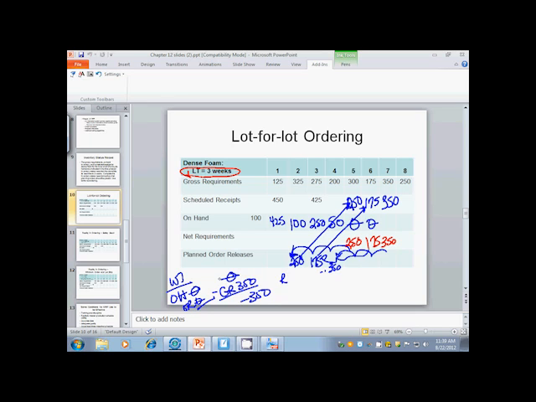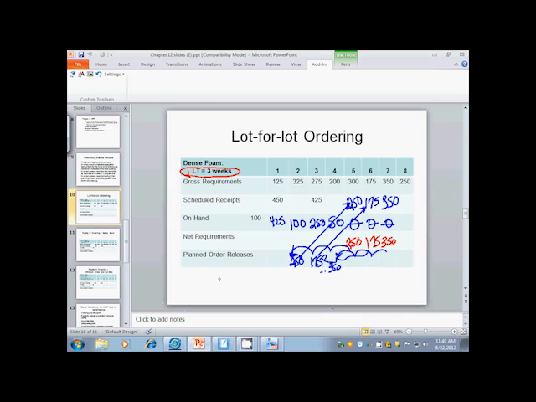I can now redo week 7. At the end of week 6, I had on hand 0, but I now have a scheduled receipt of 350. So I have a total of 350 units to use. My gross requirements, subtracting them out, 350 units leave me 0 left on hand. At the end of week 7, I will have 0 left on hand.